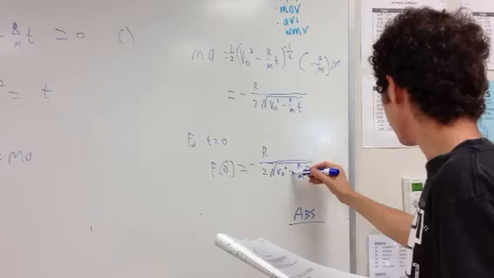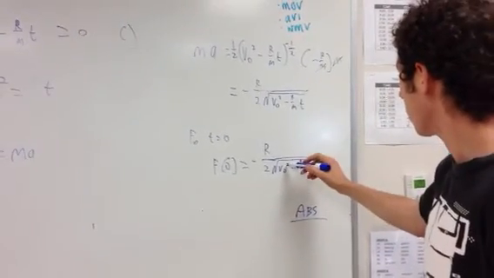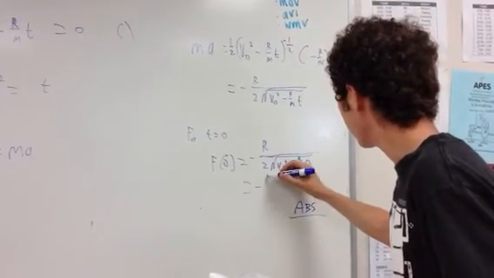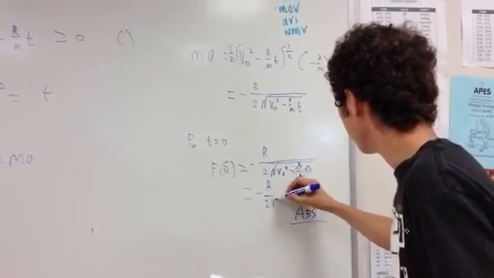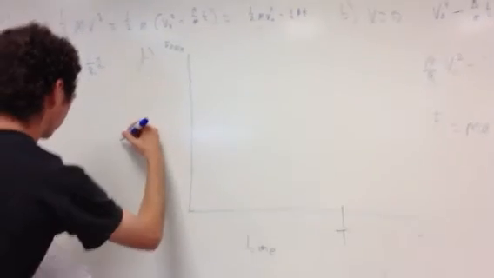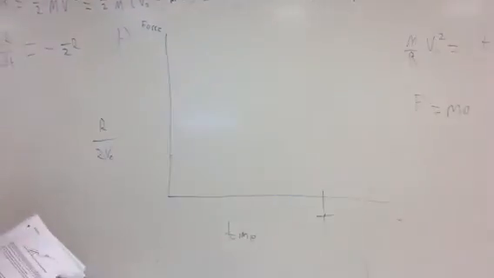So this is going to just turn to 0, so that's gone. This is v naught squared inside a radical, so the squared and the radical are going to cancel out. So this is just going to be negative R over 2 v naught. So my starting point equals R over 2 v naught.